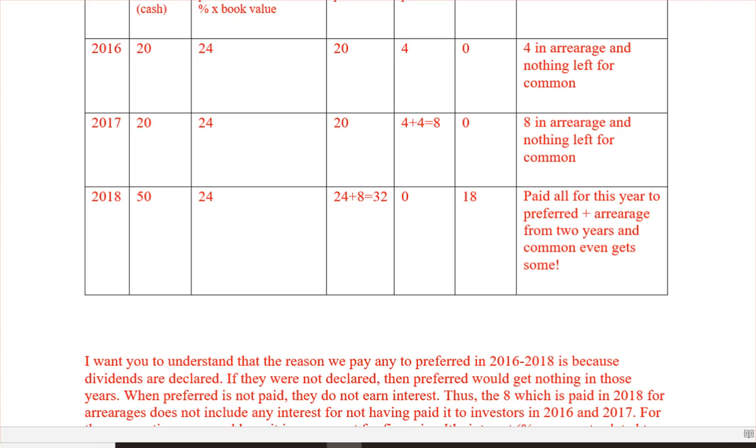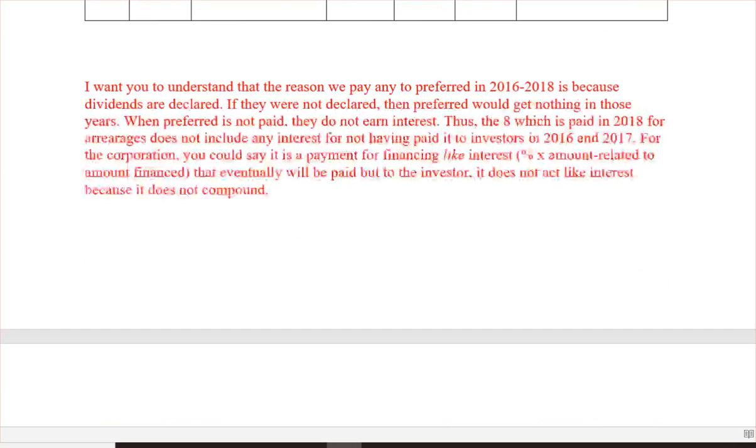So that's what they'll do. Preferred then will be, I think, happy to have been paid the arrearage and to be paid completely the amount 24 for this year, so they get 32. And since we have paid 32 out of the 50, we have 18 left.